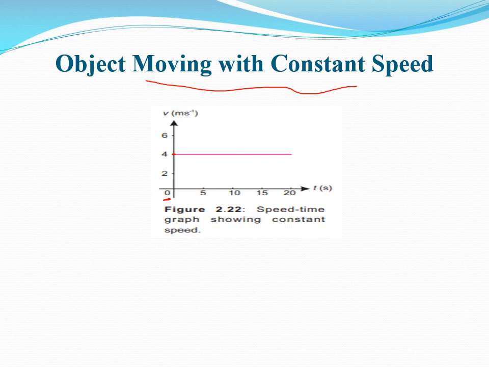Then with the passage of time, when time goes on along this axis, the speed remains constant, as you see in this horizontal line parallel to the time axis. So this graph suggests that the speed of the body remains constant throughout its journey. So this is the graph which shows the constant speed of a moving body.